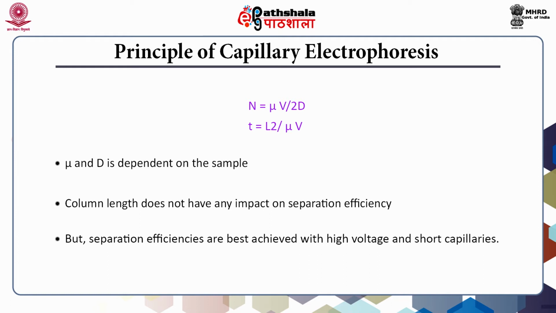Higher electrophoretic mobility as well as applied voltage will increase the number of theoretical plates and reduce retention time. Length has no impact on separation efficiency. A smaller capillary tube will not be as efficient as a larger one at dissipating heat. Diffusion of solute is also time dependent, and a larger retention time may end up with poor resolution.